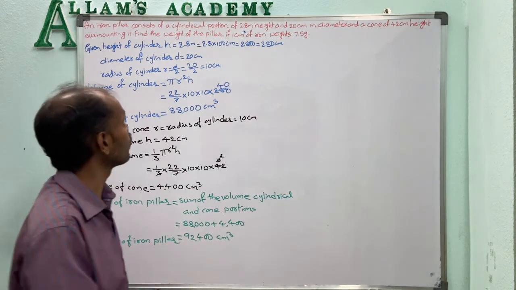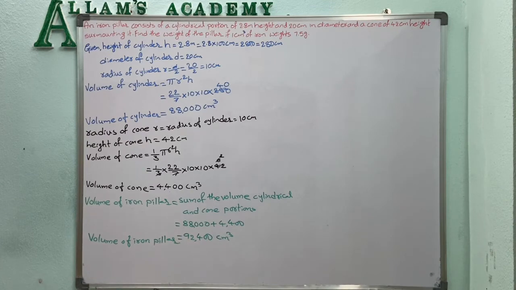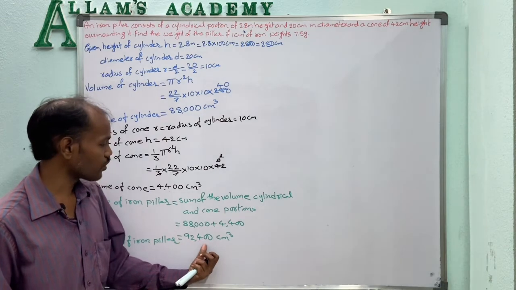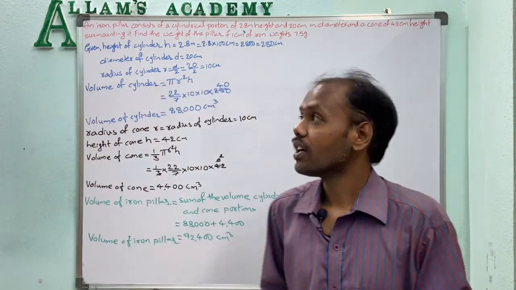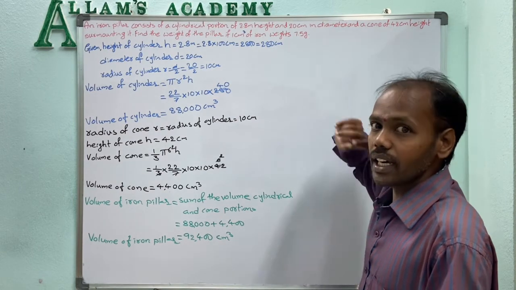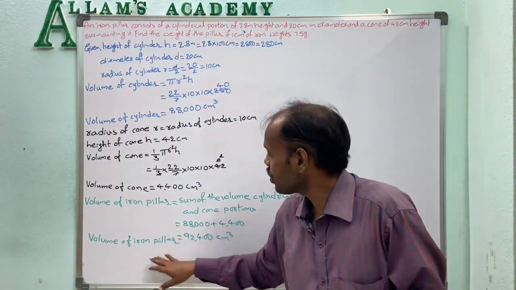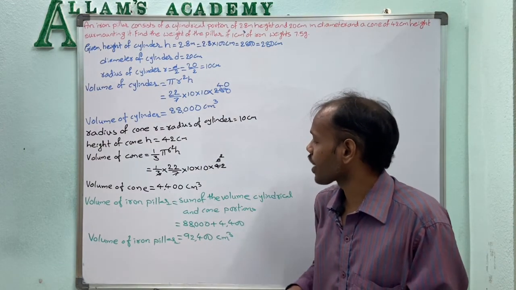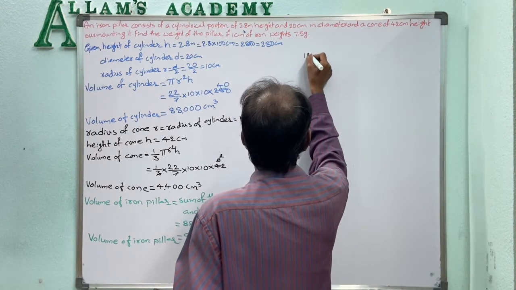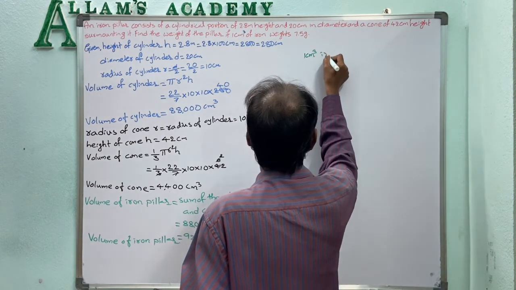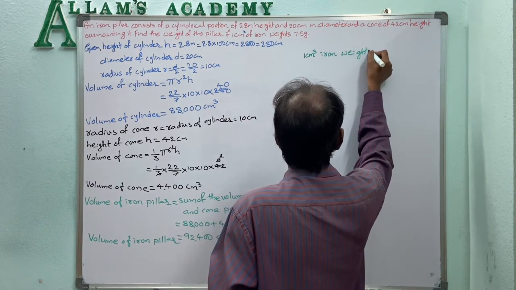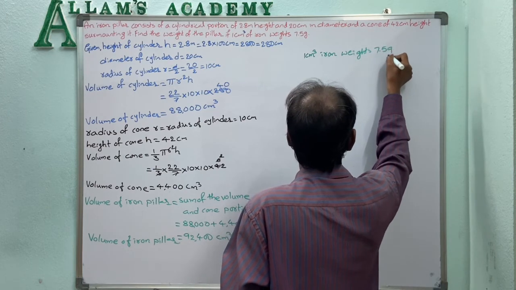Now here it is given, the volume of the iron pillar is 92,400 centimeter cube. Now 1 centimeter cube of iron weighs 7.5 grams. Now the weight of iron pillar of 92,400 centimeters cube equals how much? So 1 centimeter cube of iron weighs 7.5 grams.